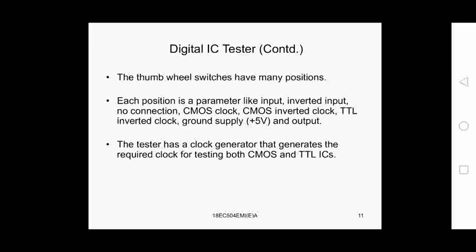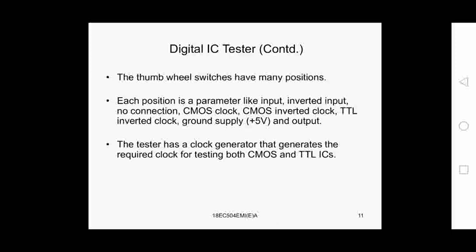It may be no connection, NC. If you are using CMOS ICs, you will be having the CMOS clock and the CMOS inverted clock. If you are using TTL, then you will be having the TTL clock or TTL inverted clock, or the power supply pin, or the ground pin.